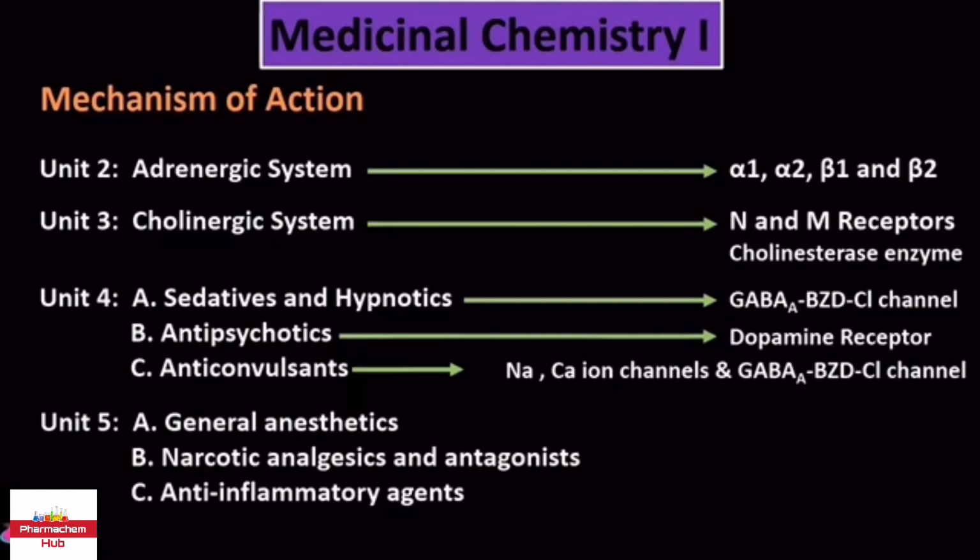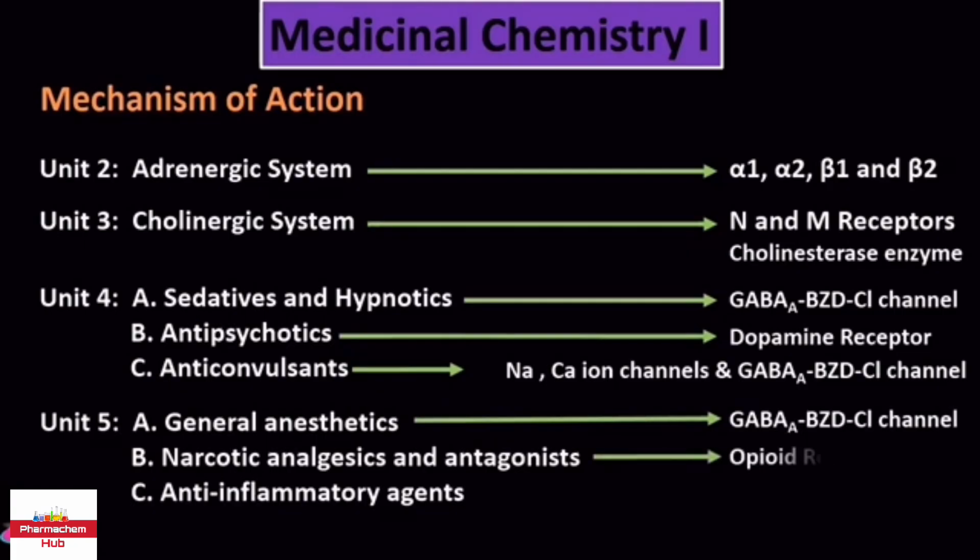Finally, in unit 5, the general anesthetic drugs also have the primary action on the GABA-A benzodiazepine chloride channel. Then the narcotic analgesics and antagonists have the action on the opioid receptors, while the anti-inflammatory drugs produce their action by inhibiting mainly the enzyme cyclooxygenase. So these are the only targets available in your syllabus where these drugs can bind and produce their pharmacological activity.